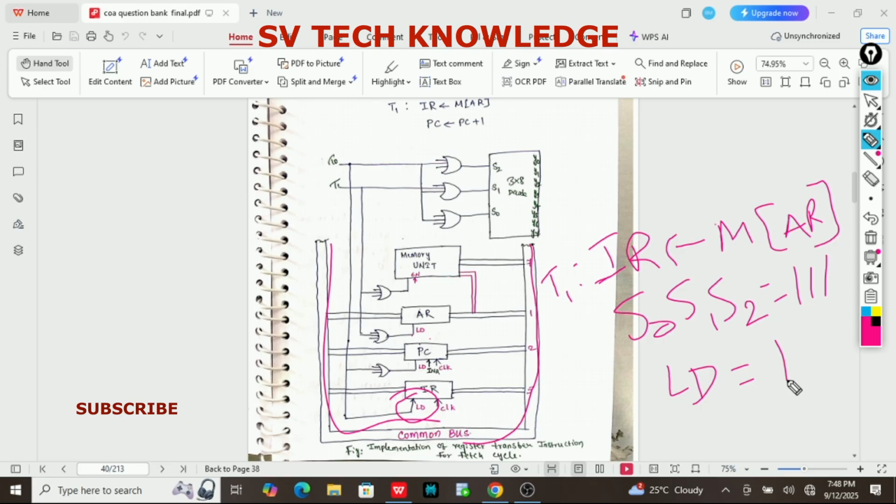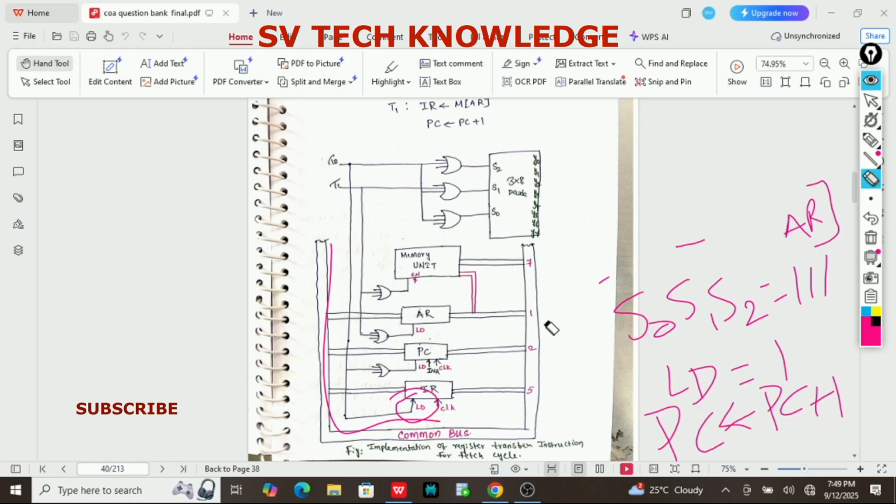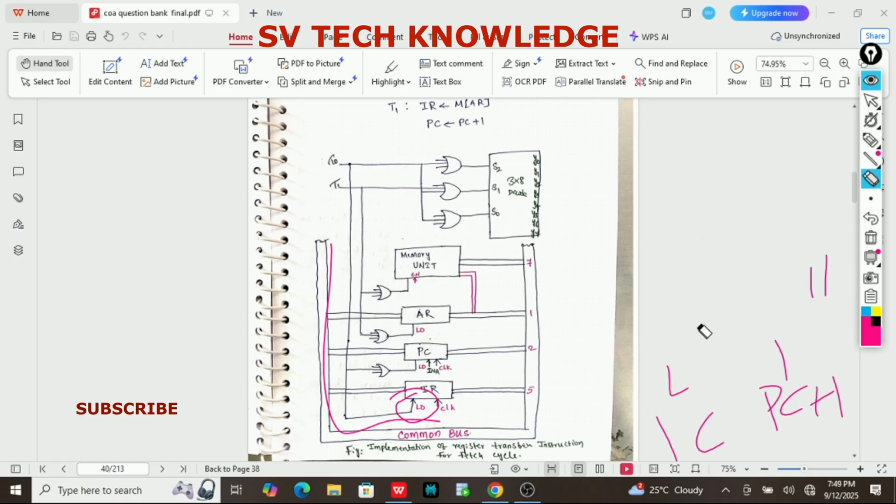Next, the PC will be incremented: PC plus 1. This is where the contents of memory, which the user has written, are fetched into the instruction register. This cycle is called the fetch cycle. This is the first phase of our instruction cycle.